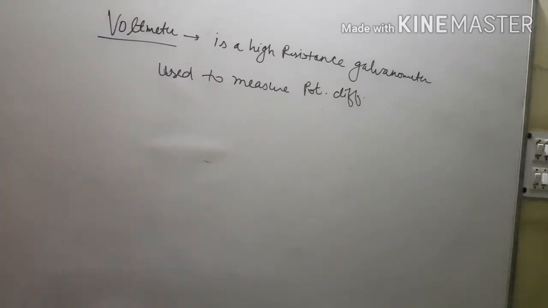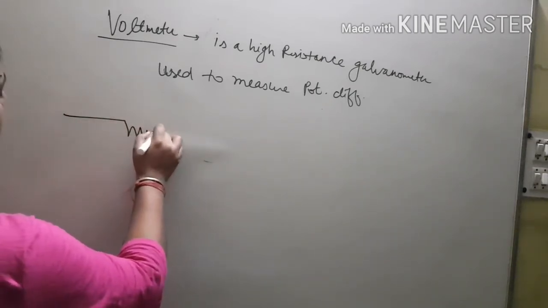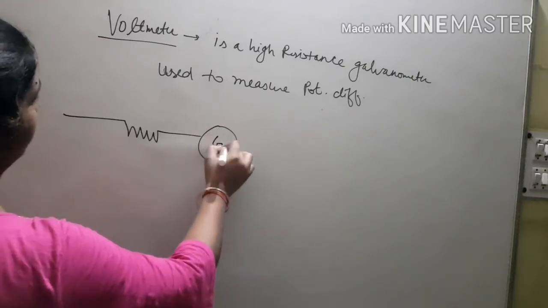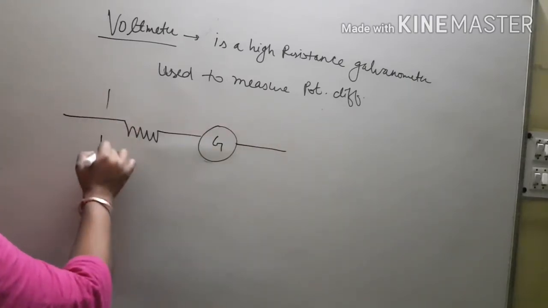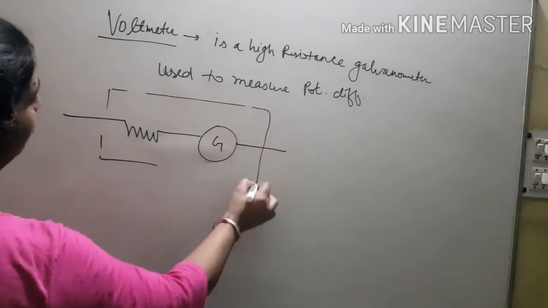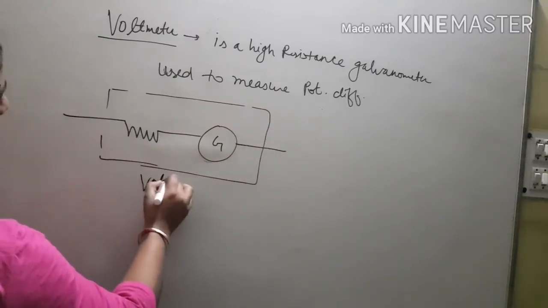So it is a high resistance galvanometer. And you know how high resistance is obtained: if we connect a resistance in series. So if we connect a resistance in series with the galvanometer, then this complete circuit is the voltmeter circuit.